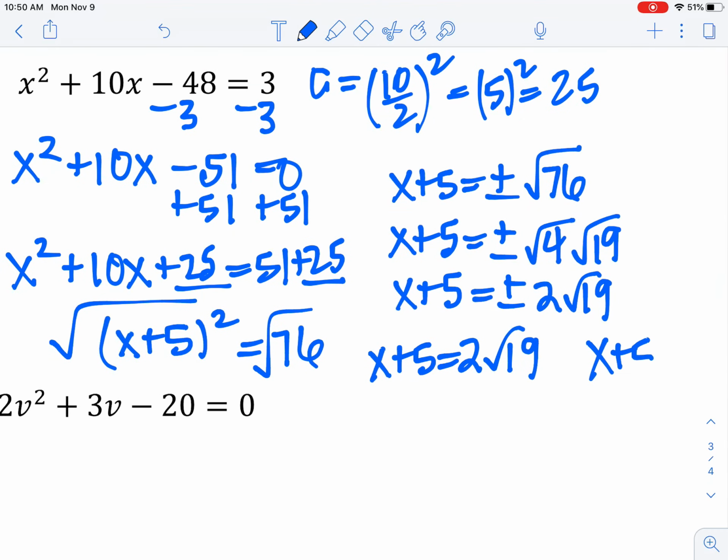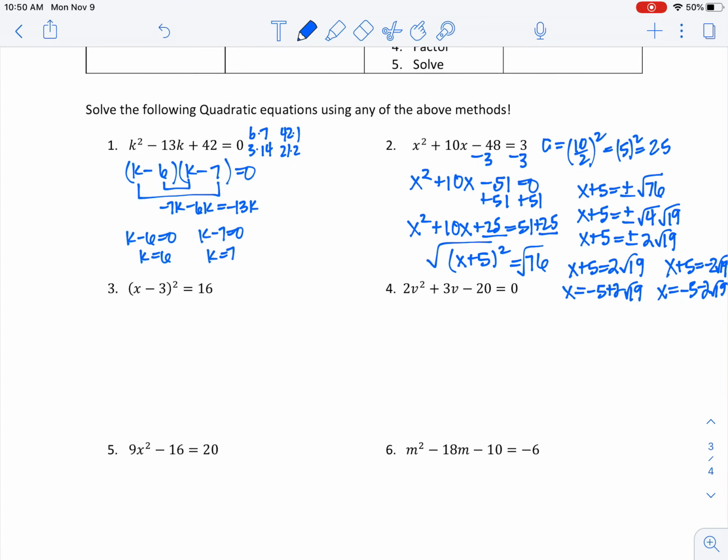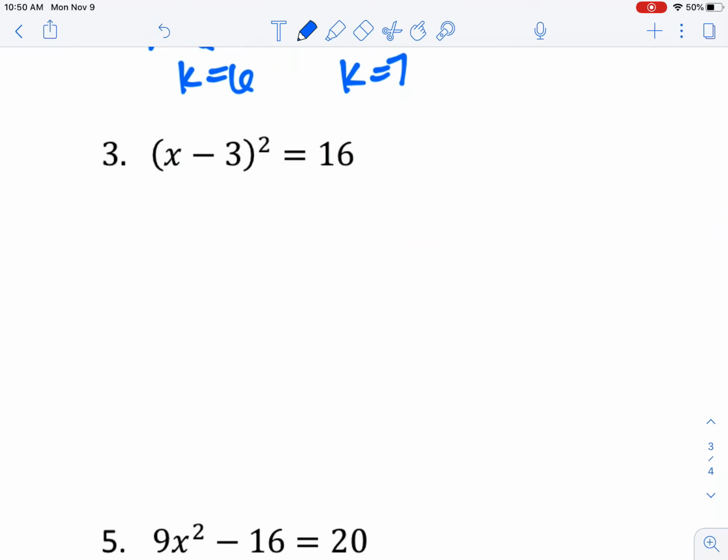X plus 5 is negative 2 radical 19. When I subtract the 5, I get negative 5 plus 2 radical 19 and negative 5 minus 2 radical 19. Okay, do quadratic formula. You should get the exact same answers. Okay, if you feel more comfortable doing that method, do that method.